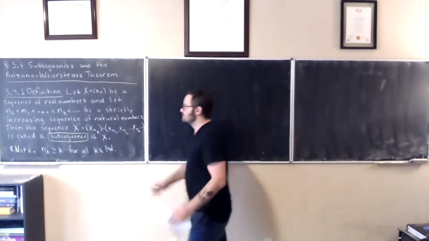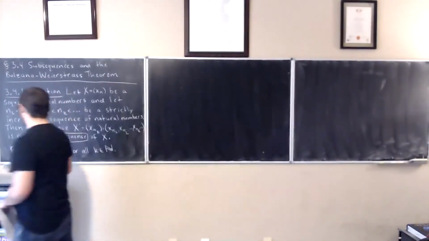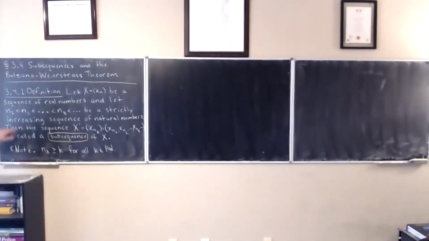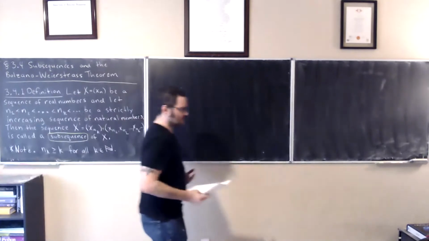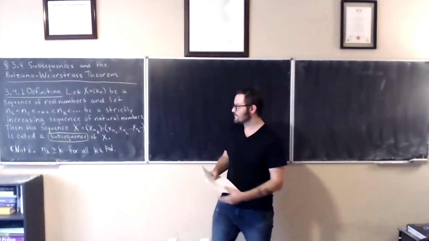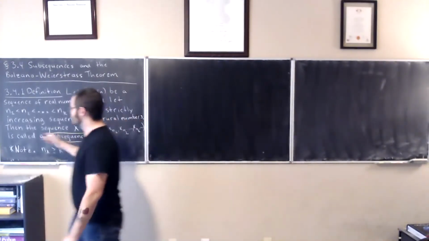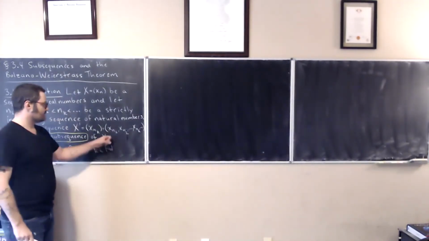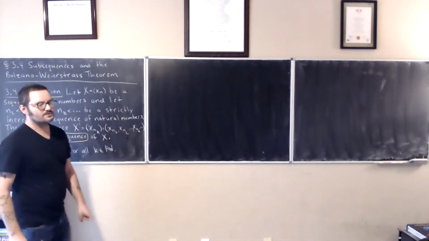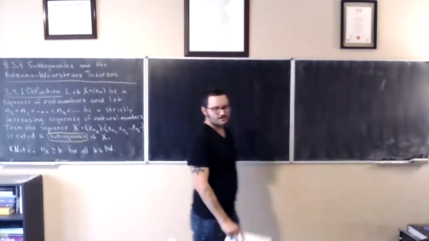Well, given some sequence X, we first will consider an increasing sequence of natural numbers n1, n2, through nk, dot, dot, dot. Okay, so this is an increasing sequence of natural numbers. And for each of these natural numbers, we're going to pick out terms from the sequence.